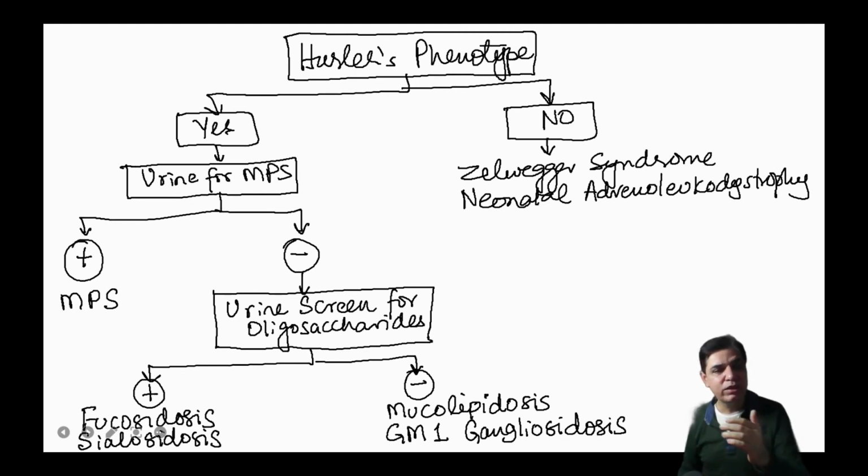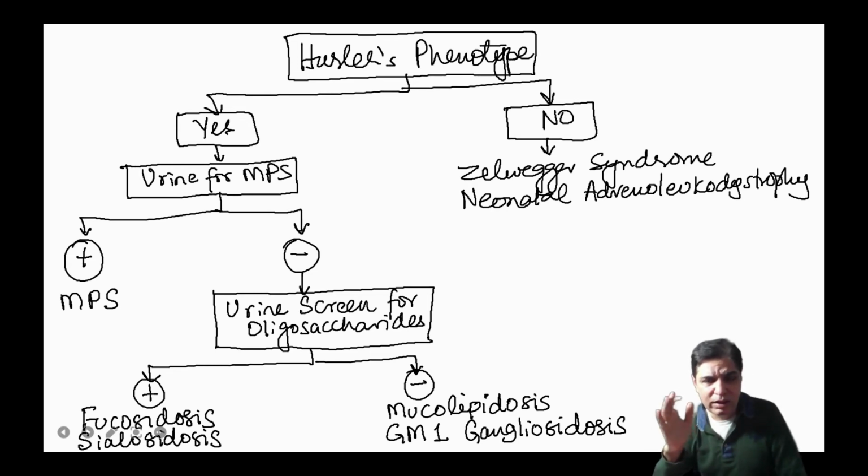But even if there is no positivity for mucopolysaccharides and no positivity for oligosaccharides, then you are basically dealing with mucolipidosis. So either you are dealing with mucolipidosis or GM1 gangliosidosis.